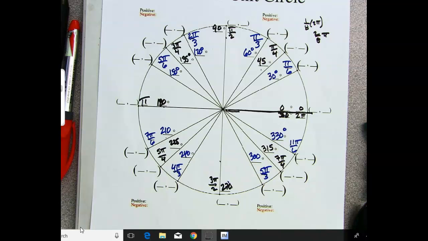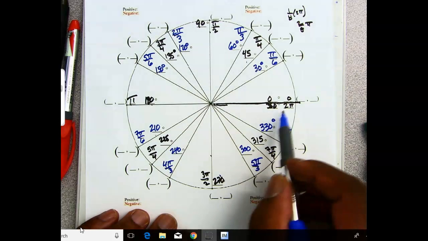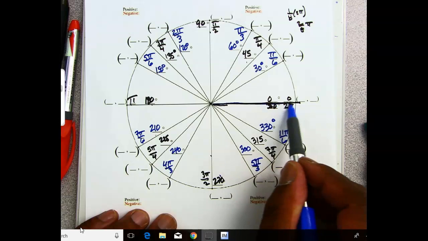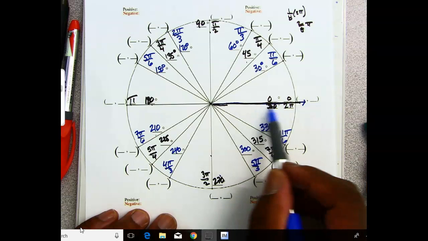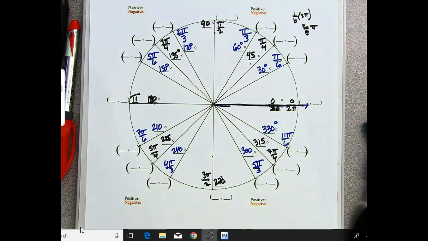All right, so for graphing or drawing angles in standard form, the positive x-axis is your initial side, and then we go from there. So these are angles in the positive direction.